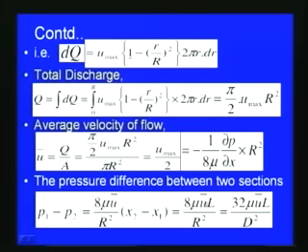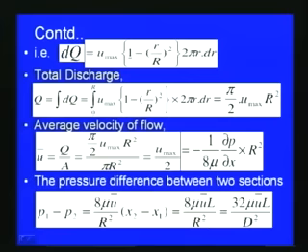If the distance between section 1 and 2 is L, we can write P1 minus P2 is equal to 8 mu u bar L by R square. We can write this in terms of diameter as 32 mu u bar L by D square.